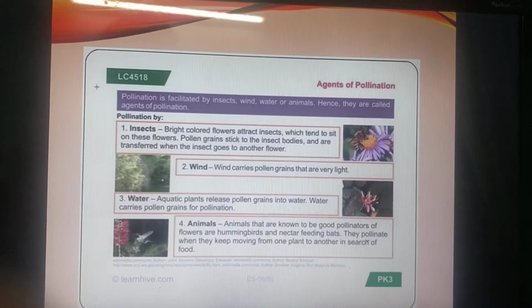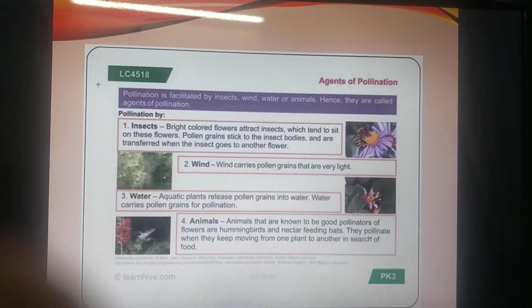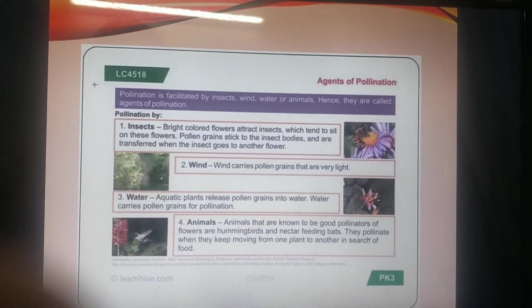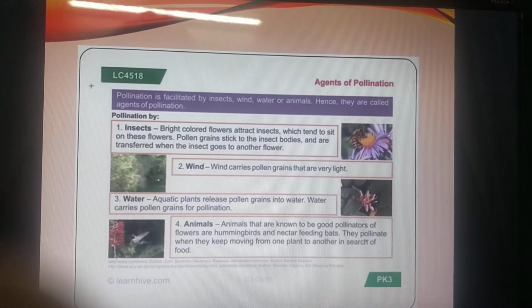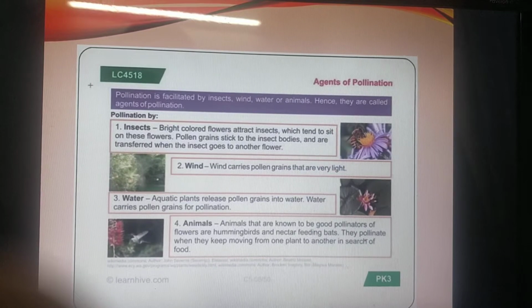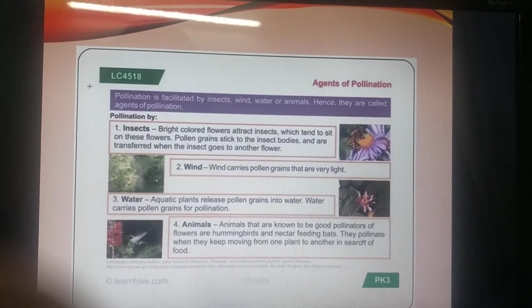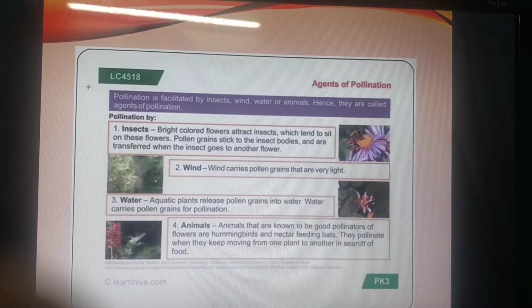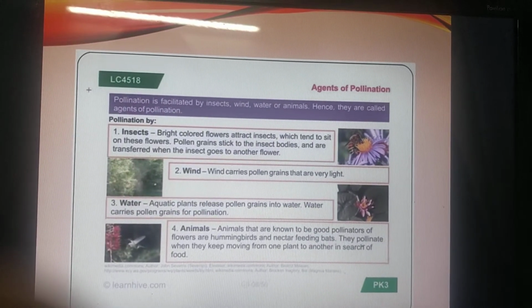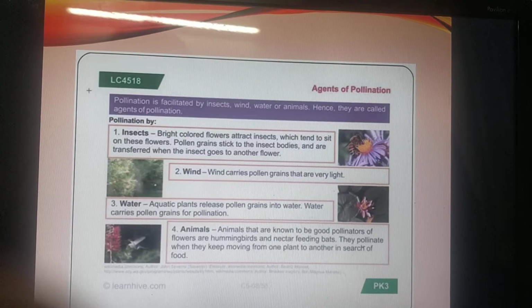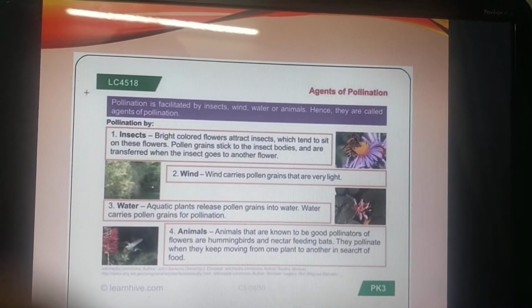Then depending upon the agents of pollination, in cross-pollination there are different agents, so we can say pollination by wind, pollination by water, insects, animals, or broadly we can say pollination by abiotic agents and pollination by biotic agents.